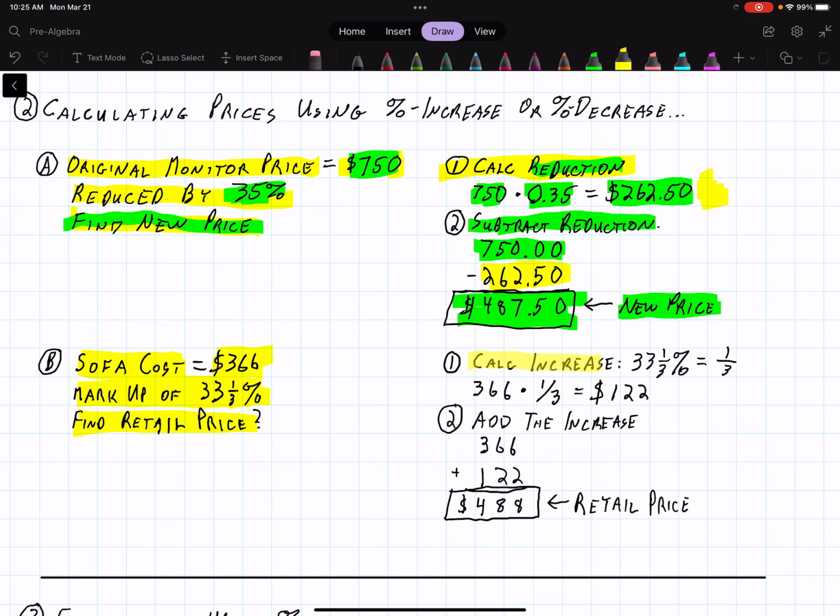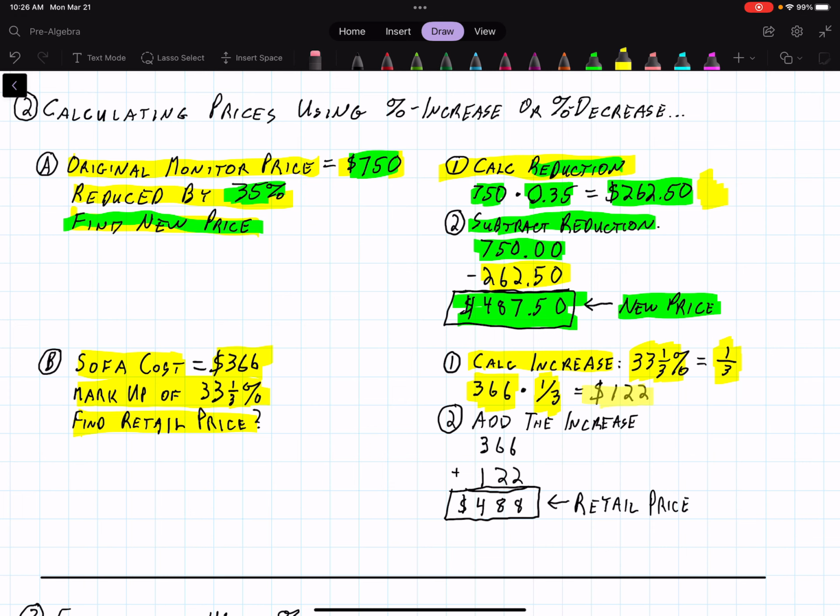So first you're going to calculate your increase. Well, I know that 33 1/3% is basically the same fraction as 1/3. So I just changed that 33 1/3% to 1/3. Now, instead of multiplying by a decimal like we did in the previous problem, this time I say, oh, I got 1/3. I multiply that times my original cost of my sofa, and it's really just 366 times 1 divided by 3.